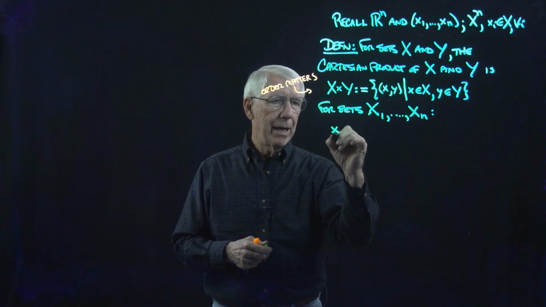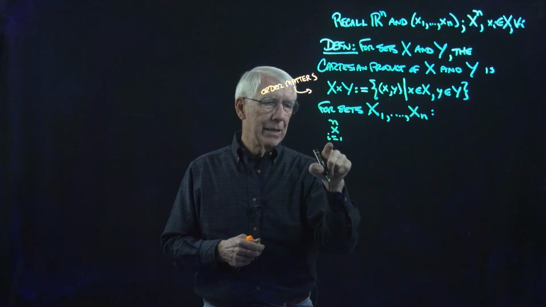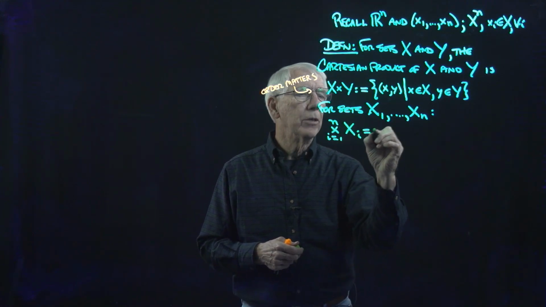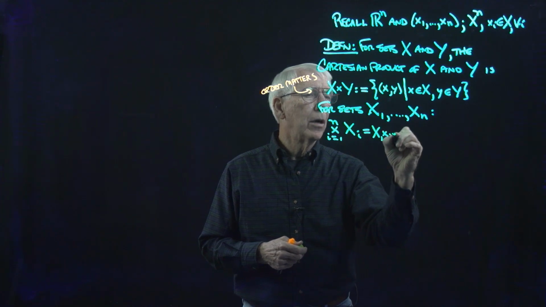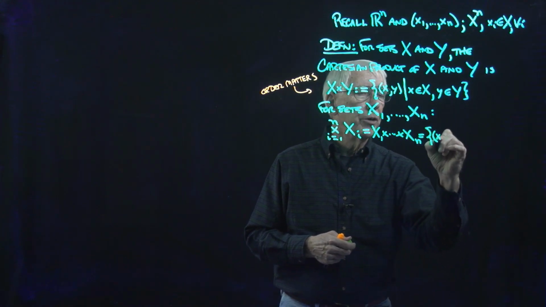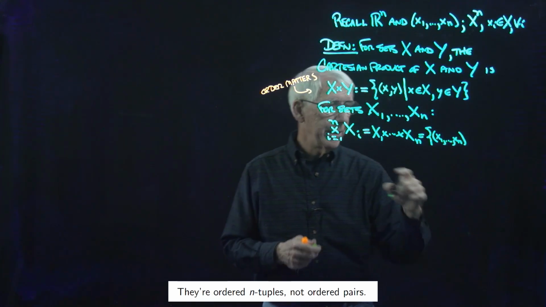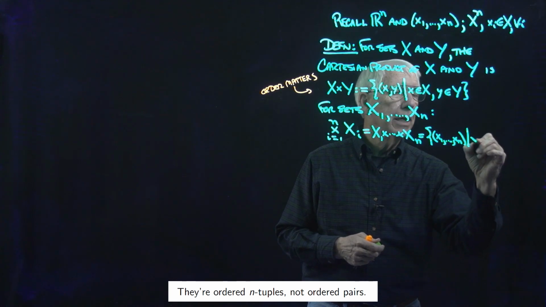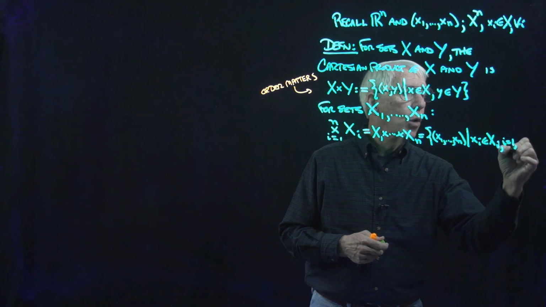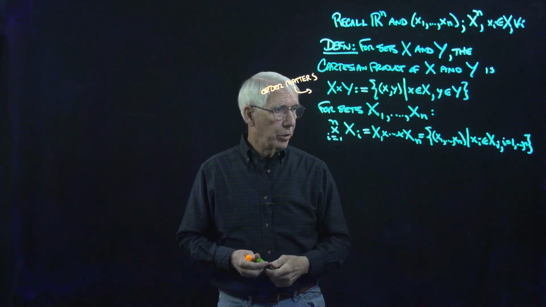We could write the product from i equals 1 to n of X_i, or we could write it X_1 cross out to X_n, and that is the set of all ordered n-tuples (x_1, ..., x_n) such that x_i is in capital X_i, i equals 1 to n. I'll just squeeze that in on the screen.